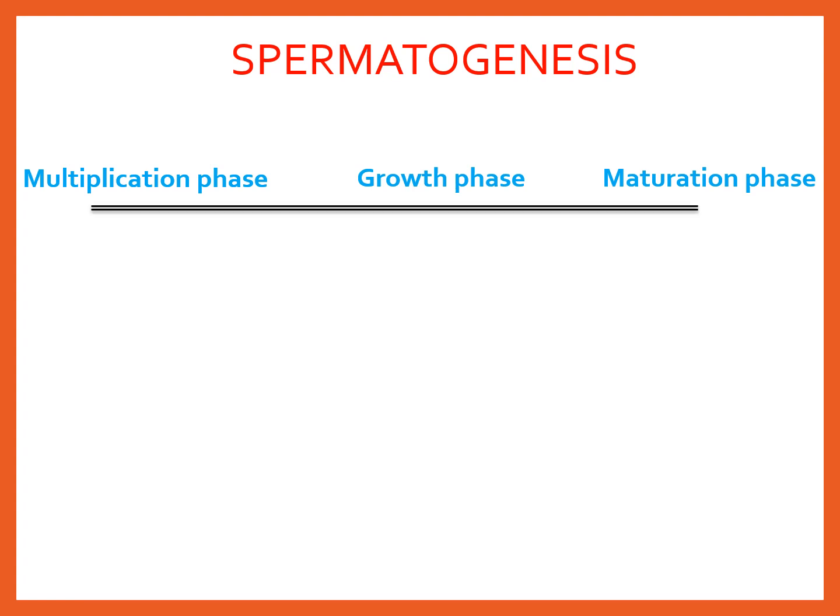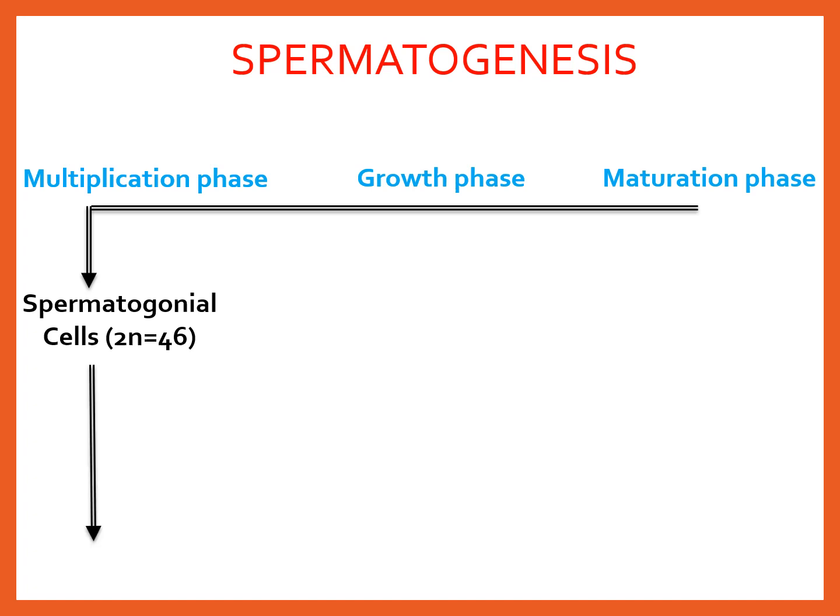Spermatogenesis, let us see in a little more detailed manner. As we have been seeing, gametogenesis is divided into three phases. So here, spermatogenesis, again, we will study in three phases: multiplication phase, growth phase, and maturation phase.